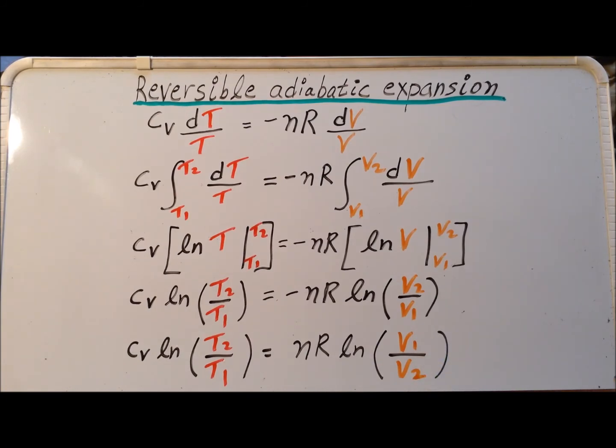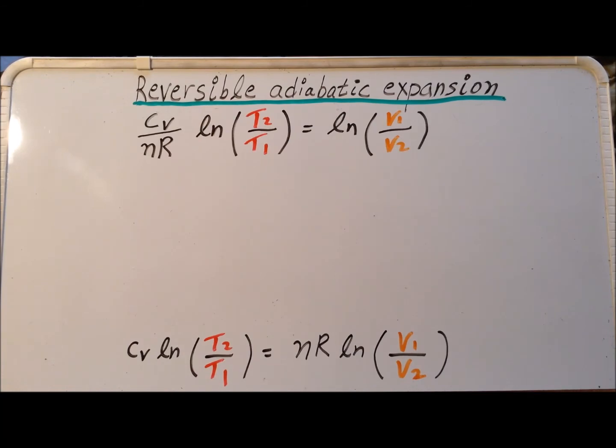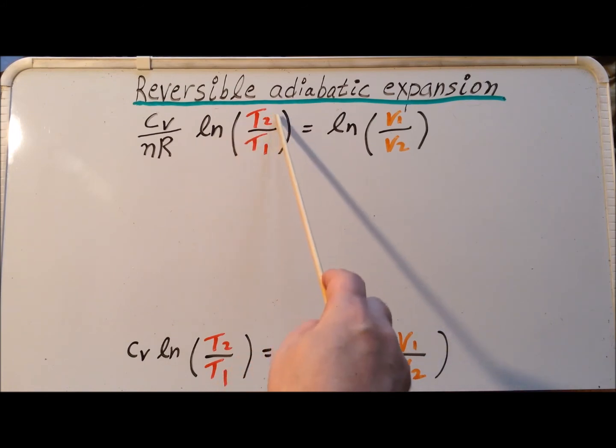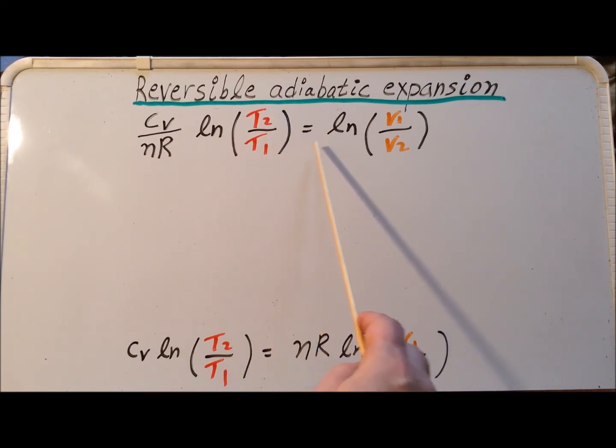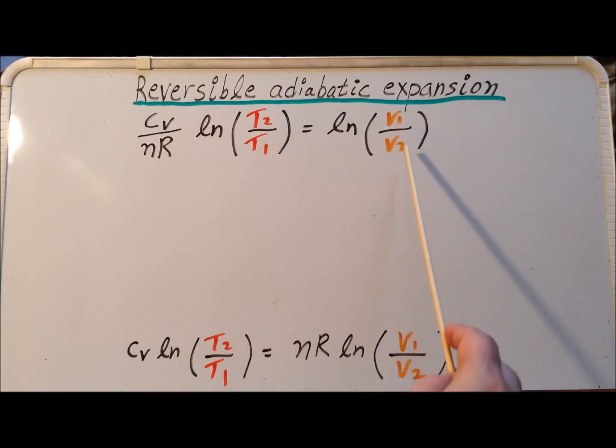In our next step, we're going to make a relatively simple algebraic manipulation in that we're going to divide each side by n times R. Now the left-hand side becomes Cv divided by nR times the natural log of T2 over T1 is equal to the natural log of V1 over V2.